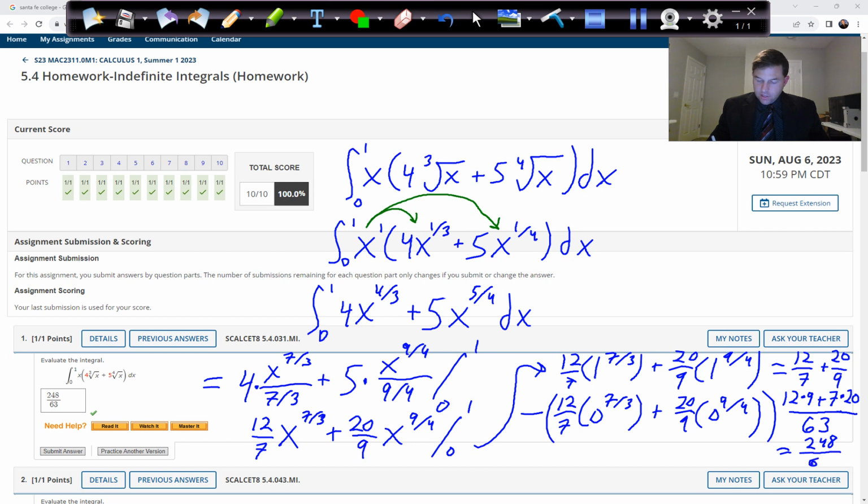At least for my numbers, that's what I get. Okay, so the only thing we had to review there was multiplying bases with fractional powers and how we add those powers up. And then the antiderivative rule just says add 1 to the power and divide by that same number. Okay, and that'll be it for number 1.